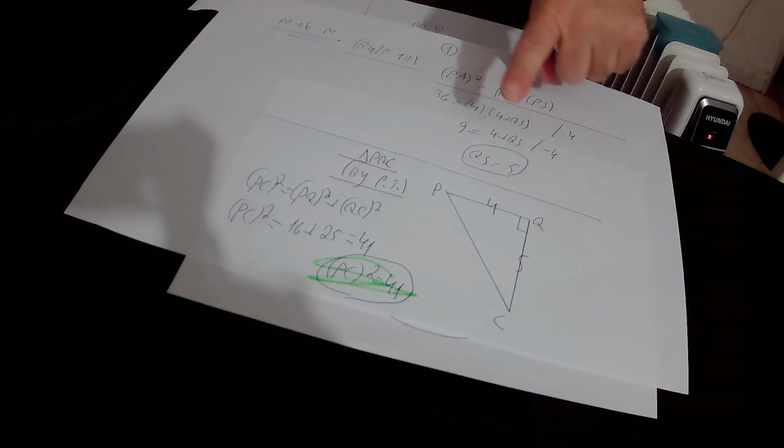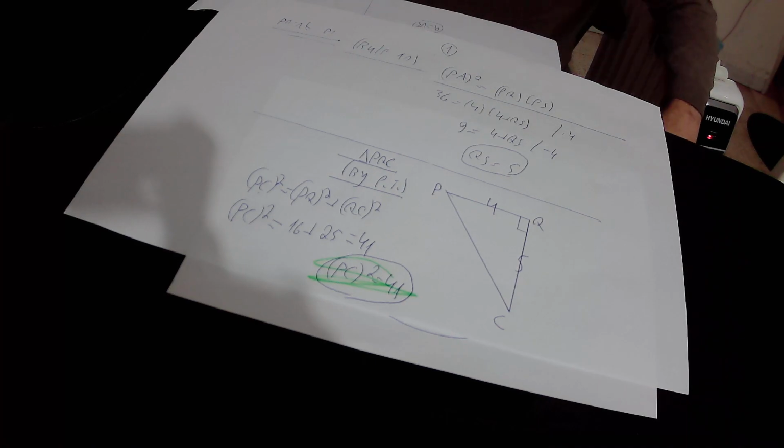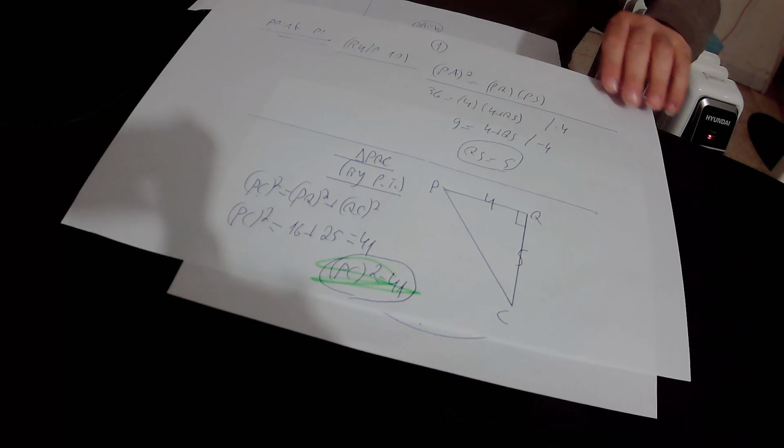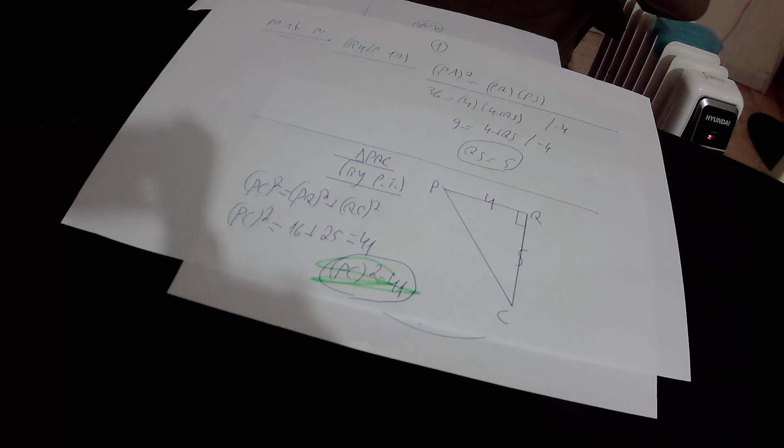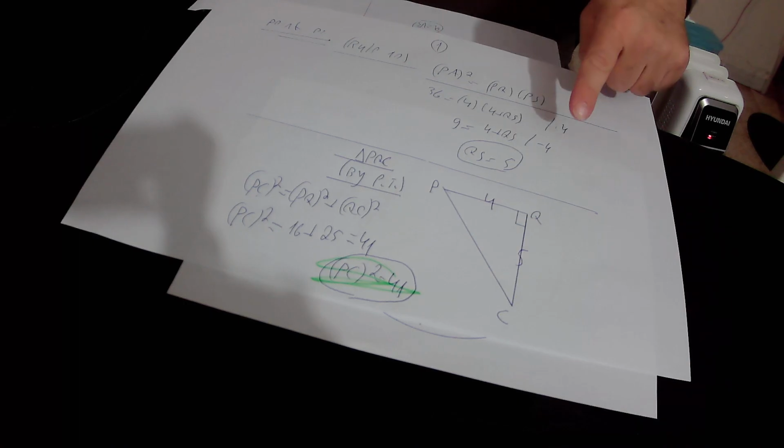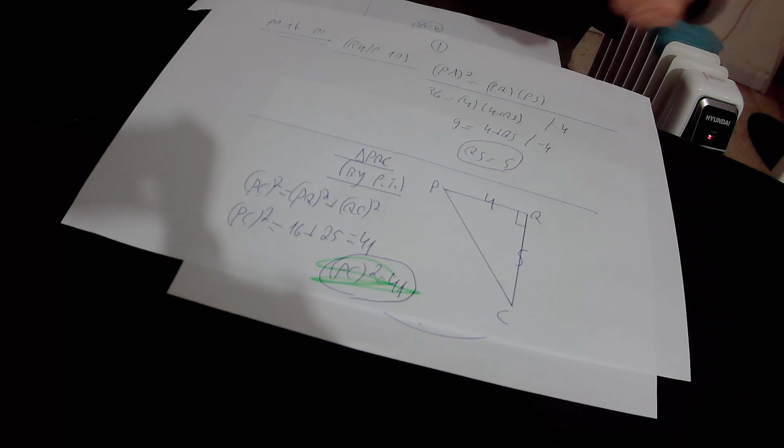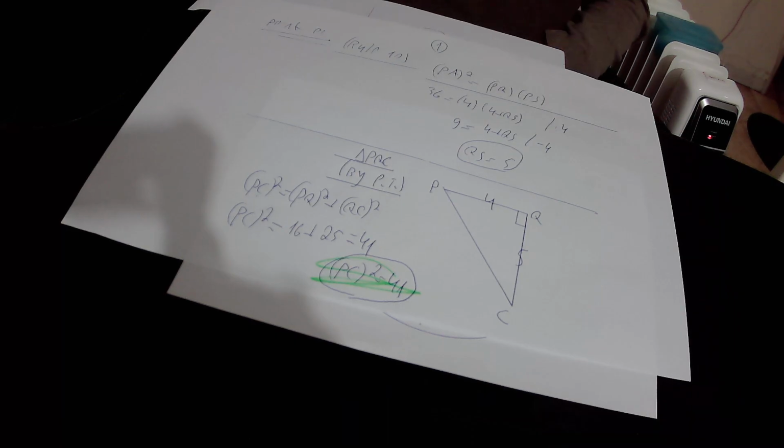So PC squared, that is the square of the hypotenuse, equals PQ squared. PQ is 4, therefore PQ squared is 4 squared, that is 16, plus QC squared. QC is 5, therefore QC squared is 5 squared, that is 25.